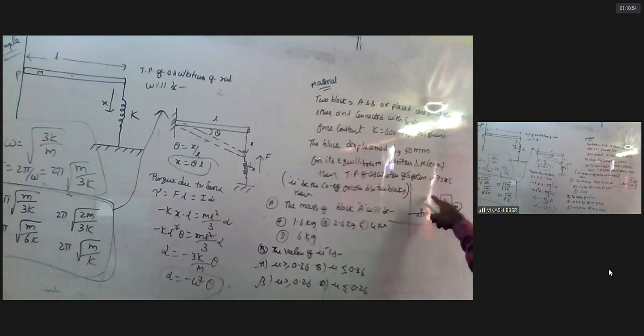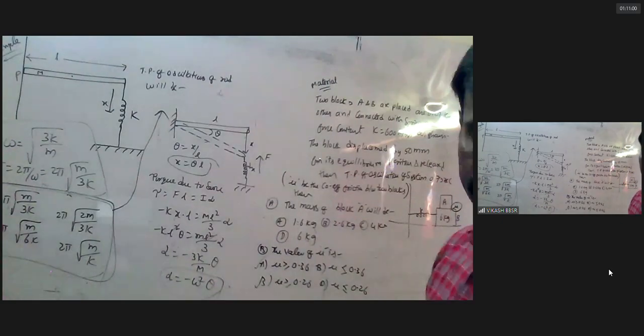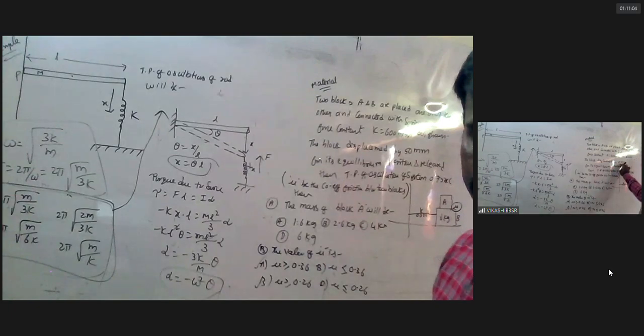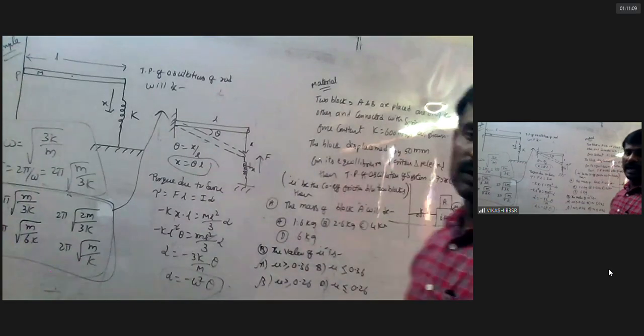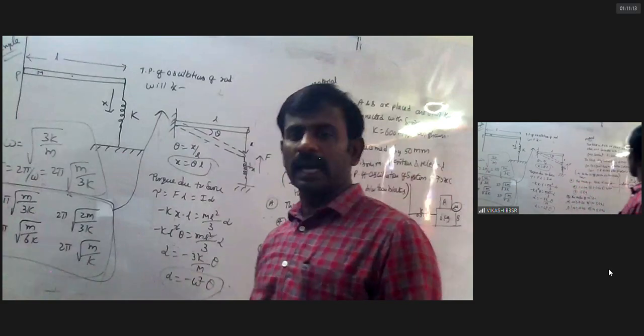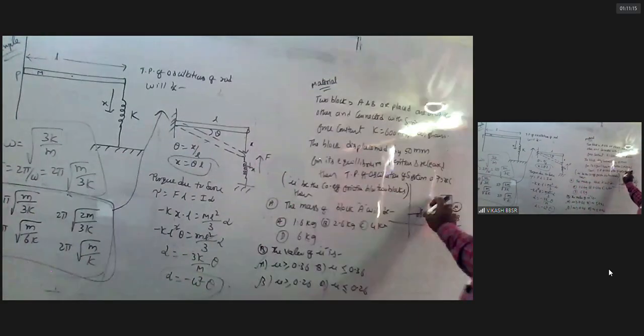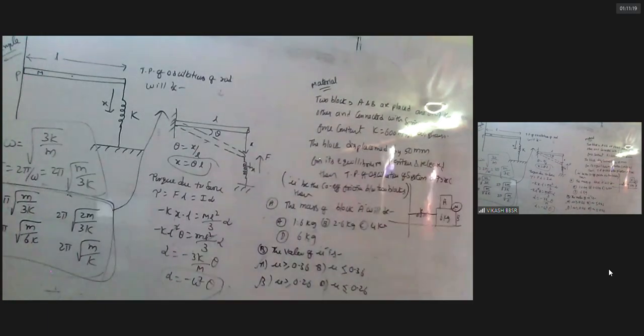Restoring force, equal to kx. x value, how much is given? 50 given. So k is equal to m omega square, so m omega square x should be equal to how much? Should it be greater than, less than, or equal to friction?